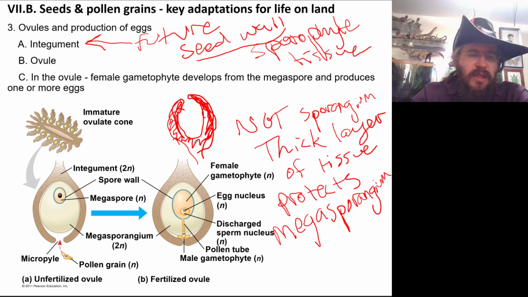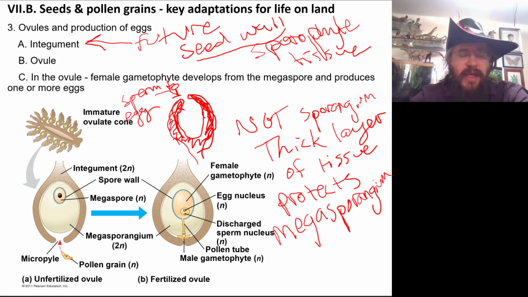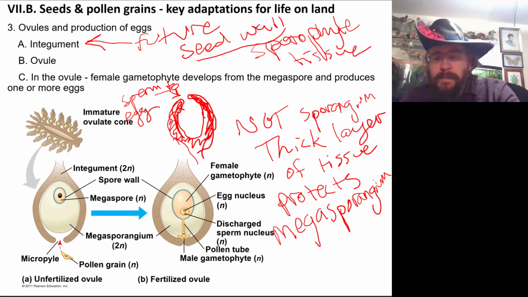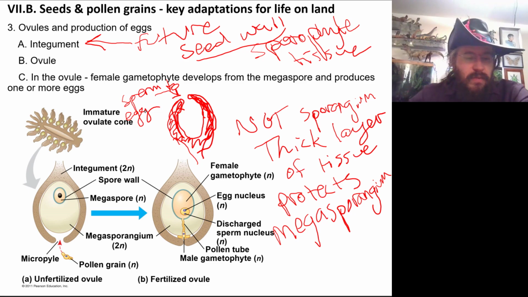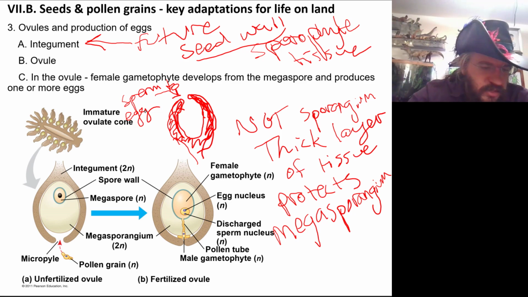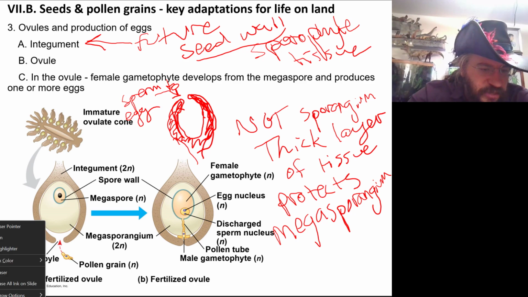This tiny little opening is basically how we get sperm to egg. So we'll talk about that in more detail a little later when we talk about actual pollination in seed plants. But that's a little opening for sperm to egg. It will fuse after fertilization. Okay, then we have a very thin layer of, well, okay, so we have our megasporangium.